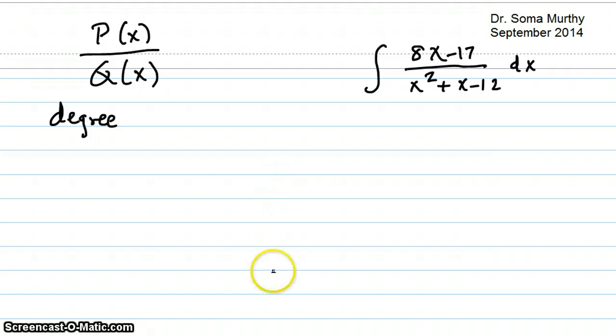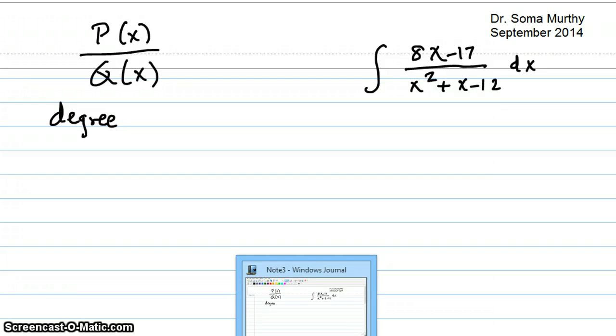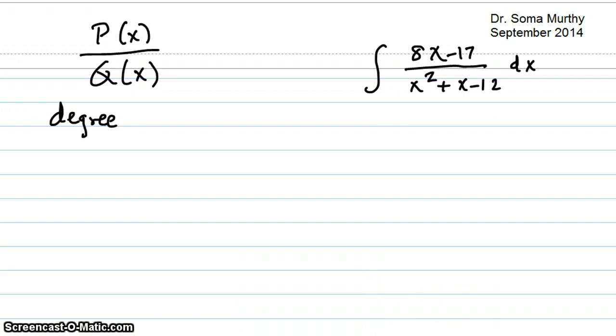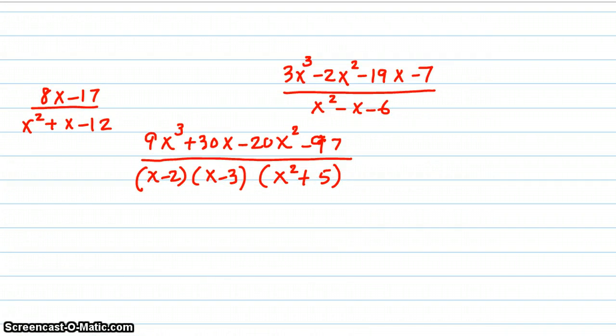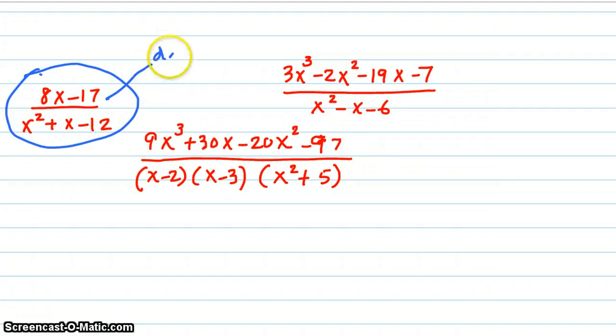Let's take a look at some rational functions. I have jotted down here three rational functions. Let's take a look at this one here. What is the degree of the top polynomial? That's basically the exponent of the highest degree term, and that's degree 1.